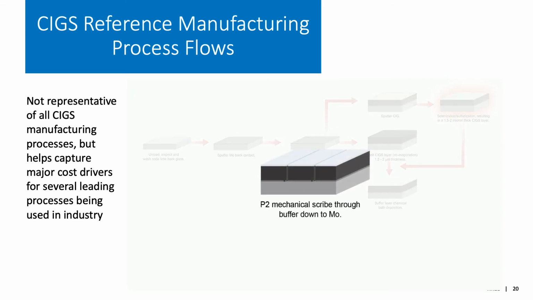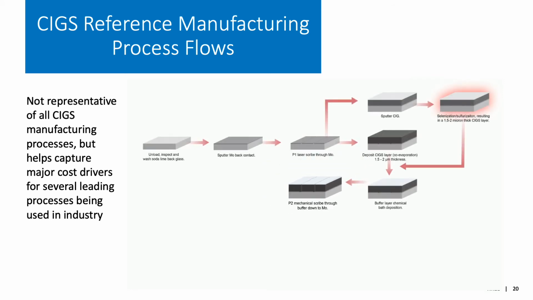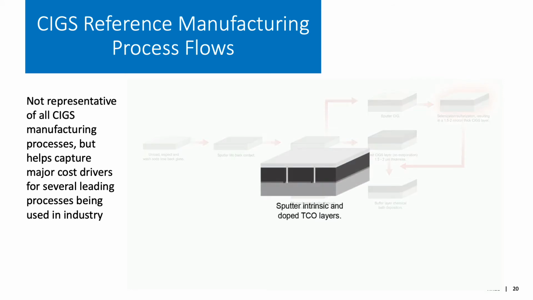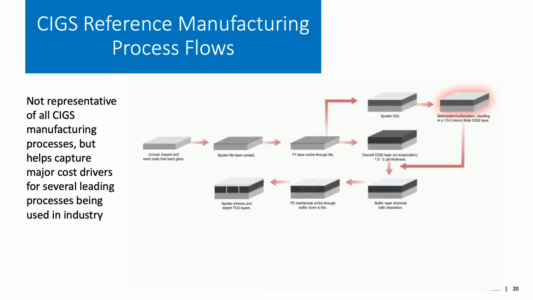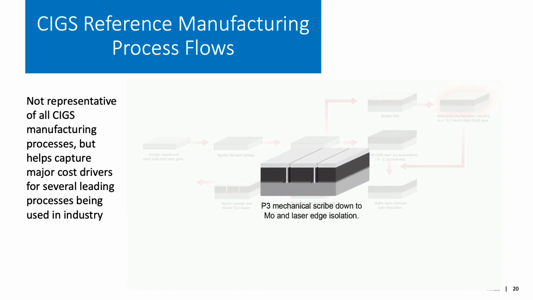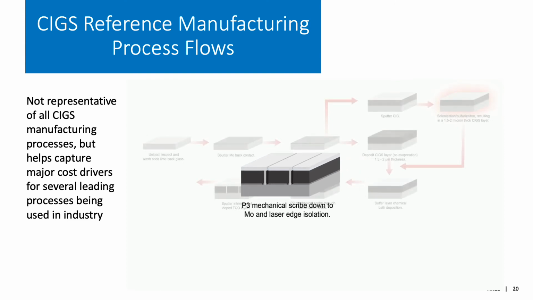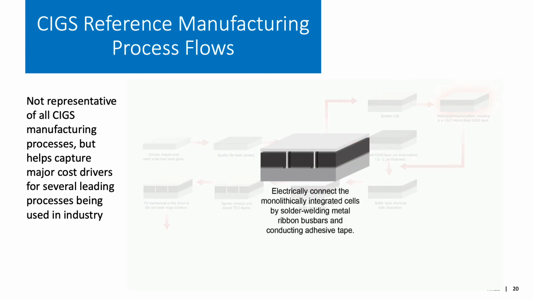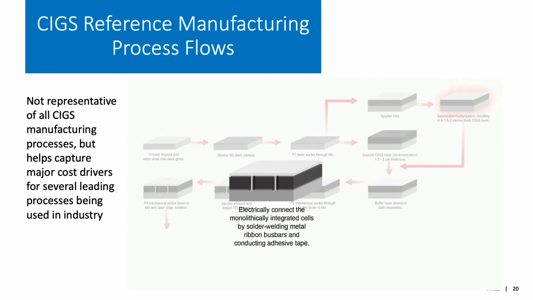Then scribe again using a mechanical scribe through the buffer down to the molybdenum. Then deposit the window and TCO layers using sputtering in this case, but MOCVD or other processes could also be used. Then scribe again down to the molybdenum and use laser edge isolation. Finally, electrically connect the monolithically integrated cells by solder welding metal ribbon bus bars and connecting adhesive tape.